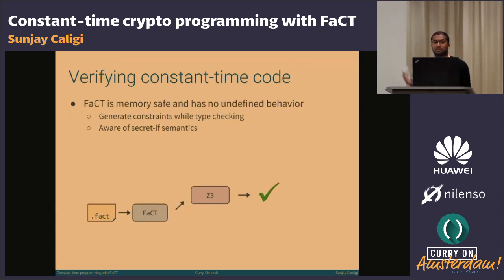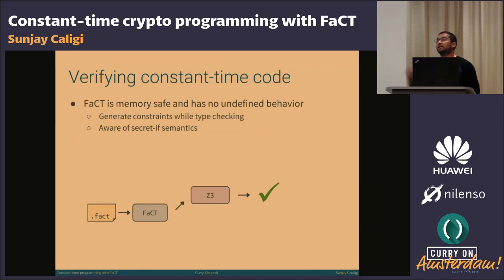And so we're going to do this by ensuring that FaCT is completely memory safe and has no undefined behavior, even with all of these secret if semantics. And so the FaCT compiler will actually generate constraints. For every memory access, it'll generate a constraint saying, is this actually an inbounds access? For undefined behavior such as division by 0, it'll make sure divisions don't have a 0 divisor. Bit shifts, it will make sure are within the bit width of whatever is being shifted.